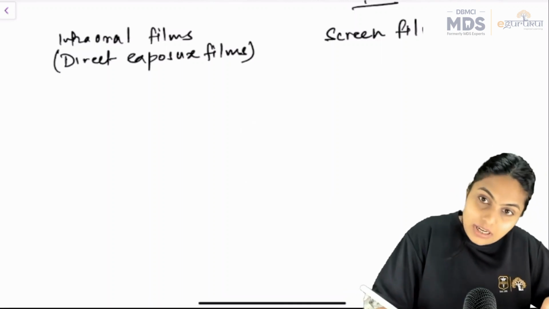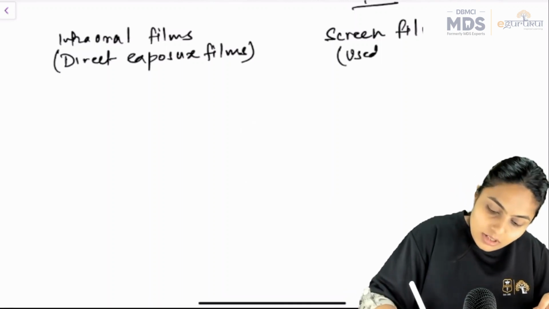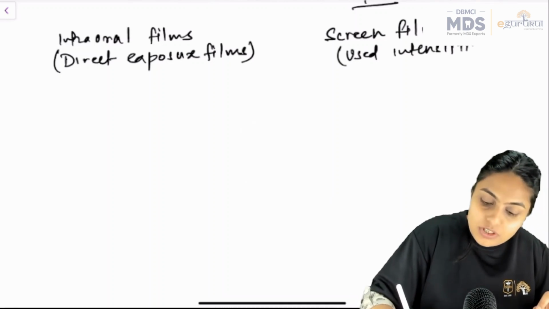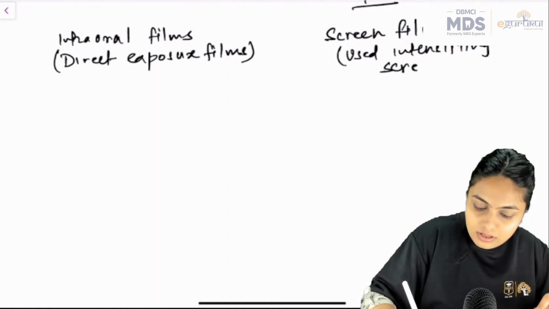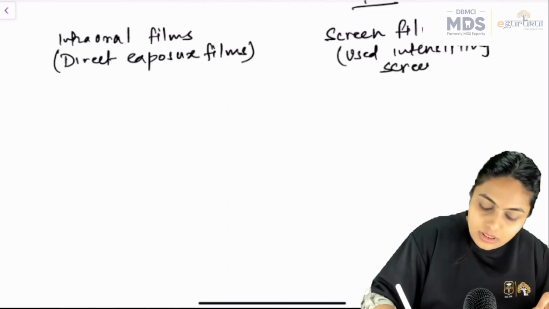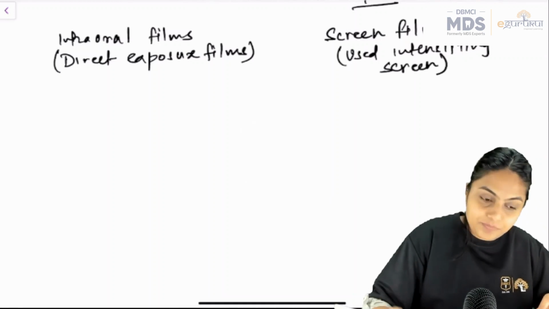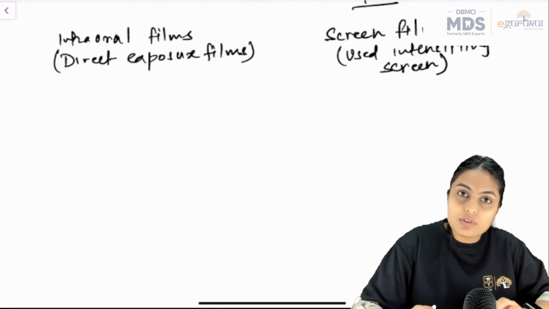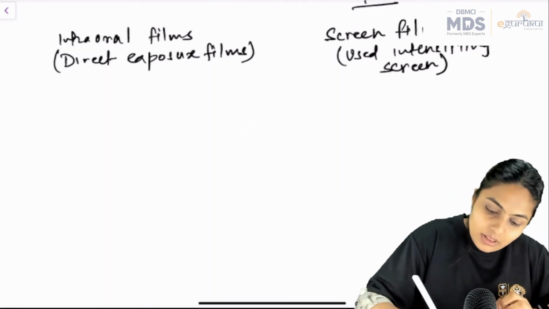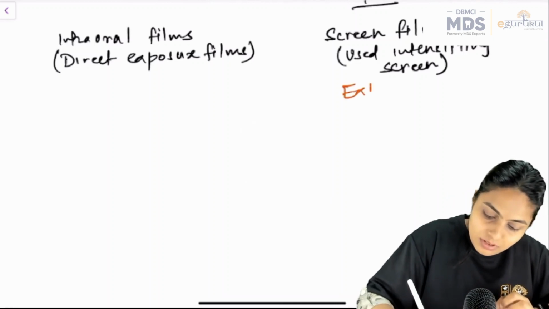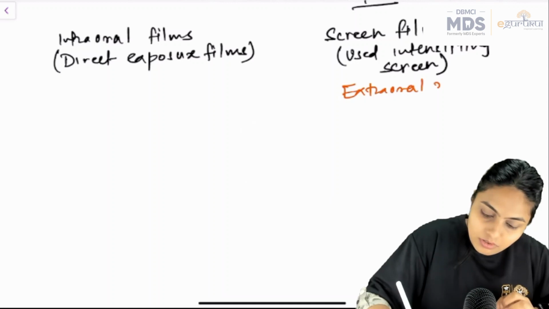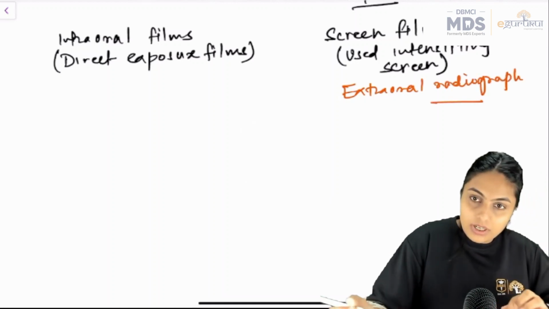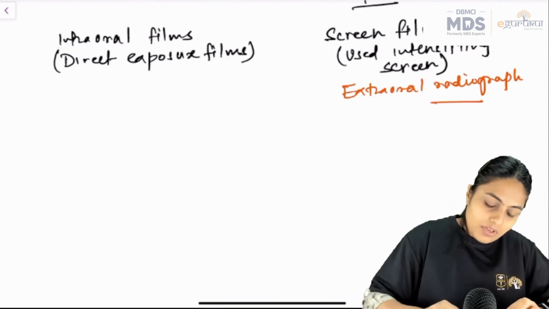Screen films are used with the intensifying screens. I will show you a picture of intensifying screens. And mostly these screen films are used with extraoral radiographs.